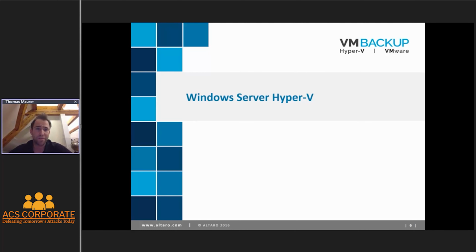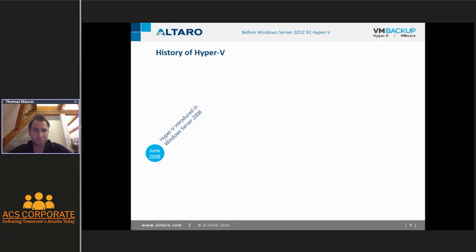Still, since there are a lot of things you have to know about Windows Server Hyper-V, and some parts are probably interesting for you if you're using, for example, VMware right now, I'm going to show you a little bit about the history of Hyper-V. Microsoft in the early days bought a company called Connectix. They were making products like Virtual PC and Virtual Server.